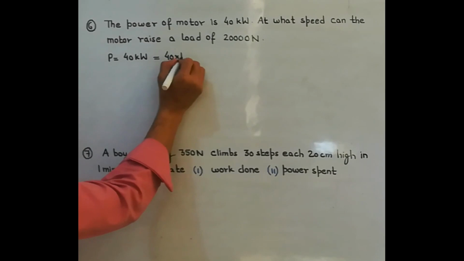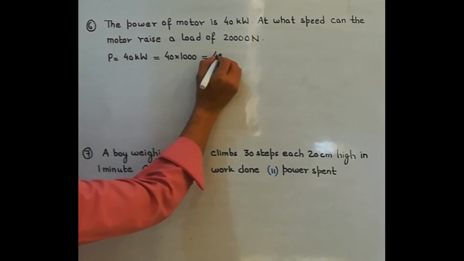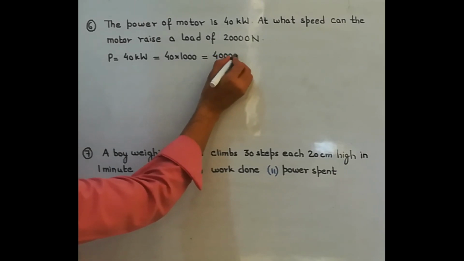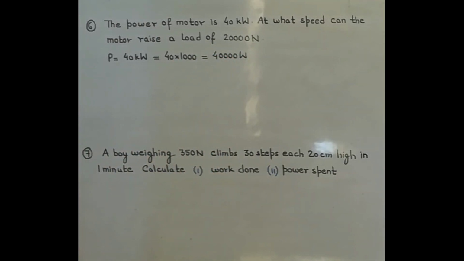So 40 into 1000. So here power was given to us, but with a prefix. The meaning of this prefix kilo is 1000. So that means power is 40,000 watt.